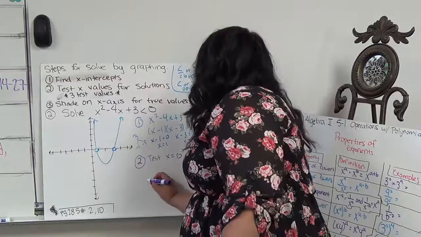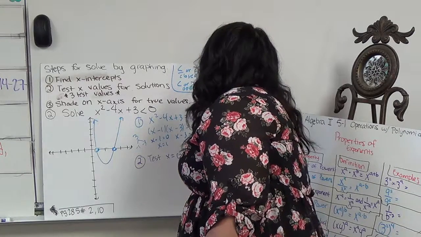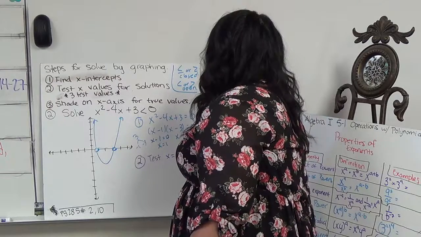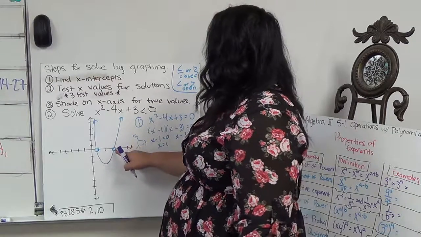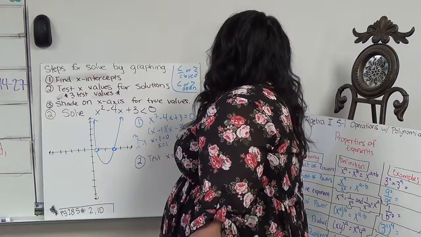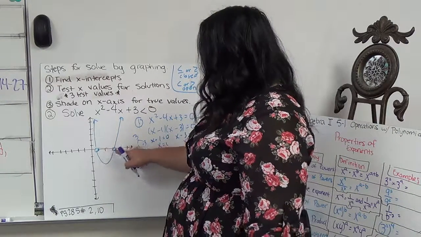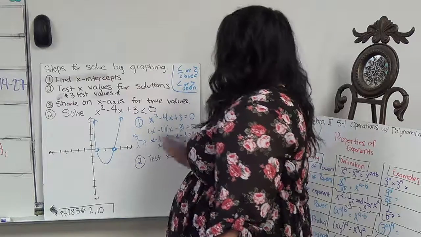I'm going to do x equals 2, that represents in between. And then I'm going to do x equals, well, 4.